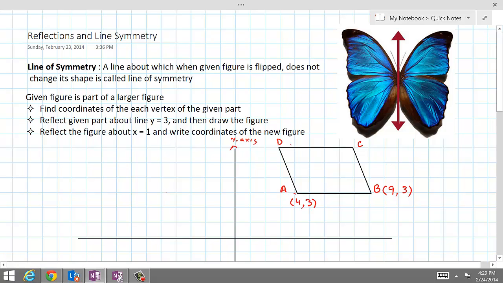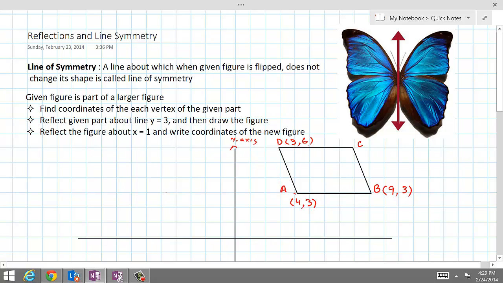Now we similarly write the coordinates for D, whose horizontal distance from the y-axis is 3 and vertical distance is 3, 4, 5, 6. So D is (3, 6).